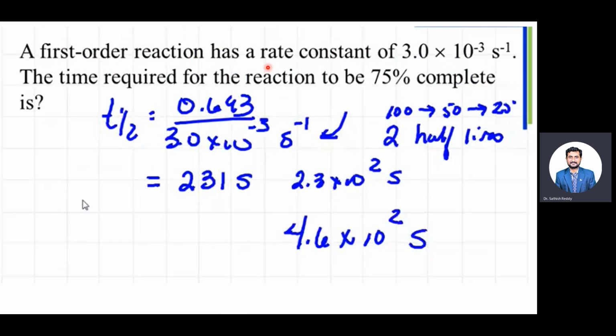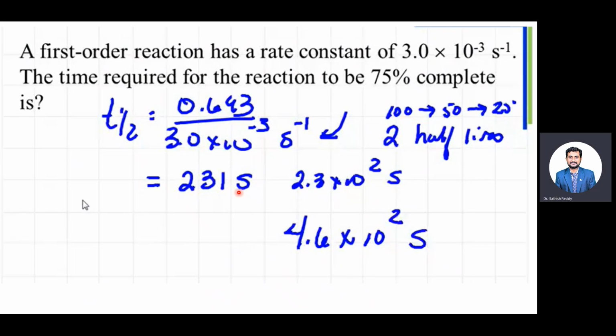For a first order reaction, the rate constant is equal to 3.0 times 10 to the power minus 3 per second. What is the time required for the reaction to be 75% complete? t half is equal to 0.693 divided by 3 times 10 to the power minus 3 per second.